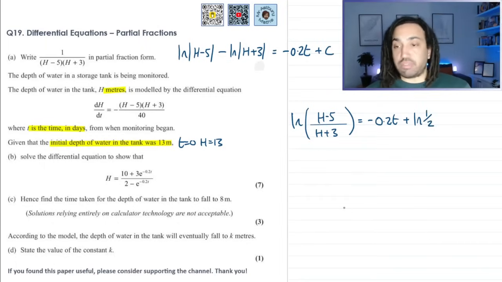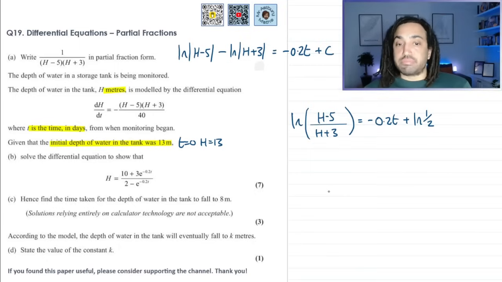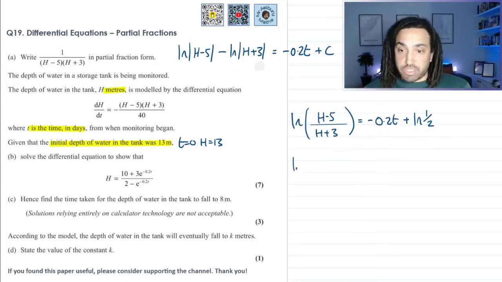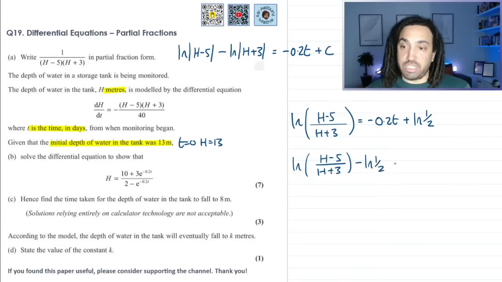Okay, so this is it. We just need to make h the subject now, which is a bit easier said than done, isn't it? What I'm going to do is I'm going to bring the lns together. So this gives us minus ln a half on this side, and that's equal to minus 0.2t.